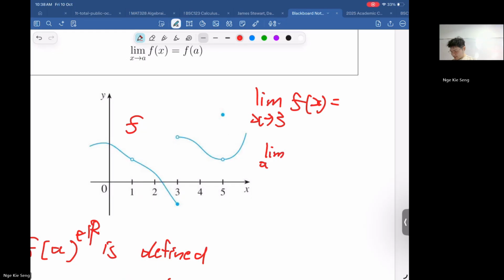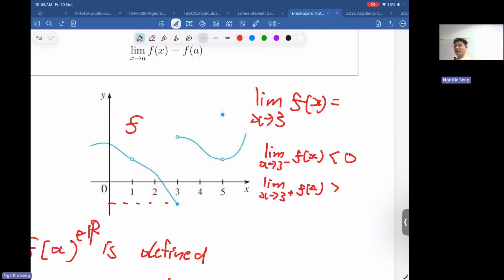So what's the left limit? I don't know exactly what it is, but it's some negative number, so maybe say less than 0. How about the right limit? Some positive number. A negative number and a positive number are never equal.